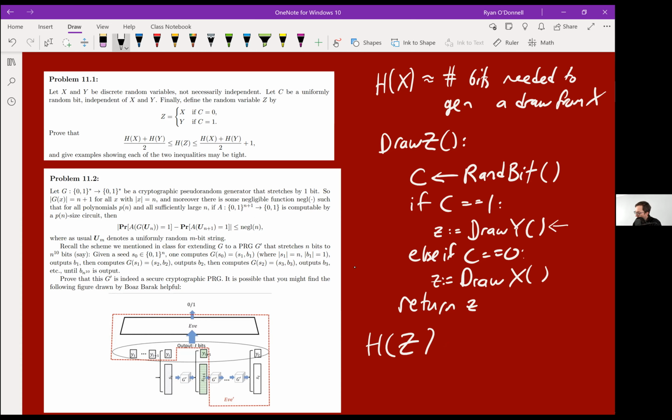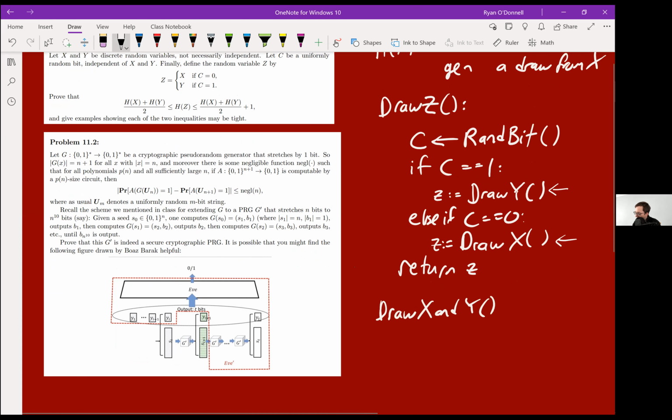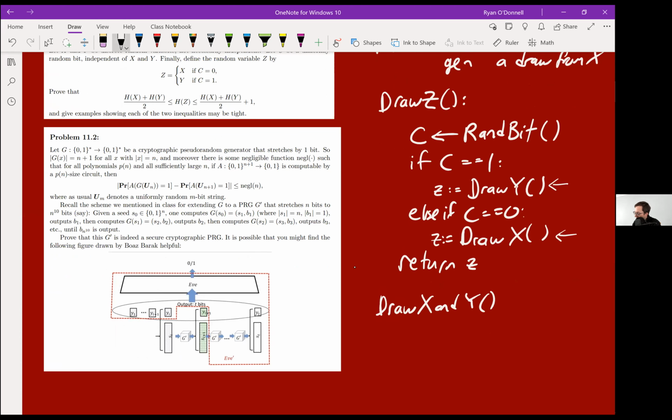You have this code that can draw from Y, and this code that can draw from X, and in principle there could be some code called draw X and Y that returns a pair. Potentially if X and Y are not independent, there might be some most efficient code for this that does something smart.